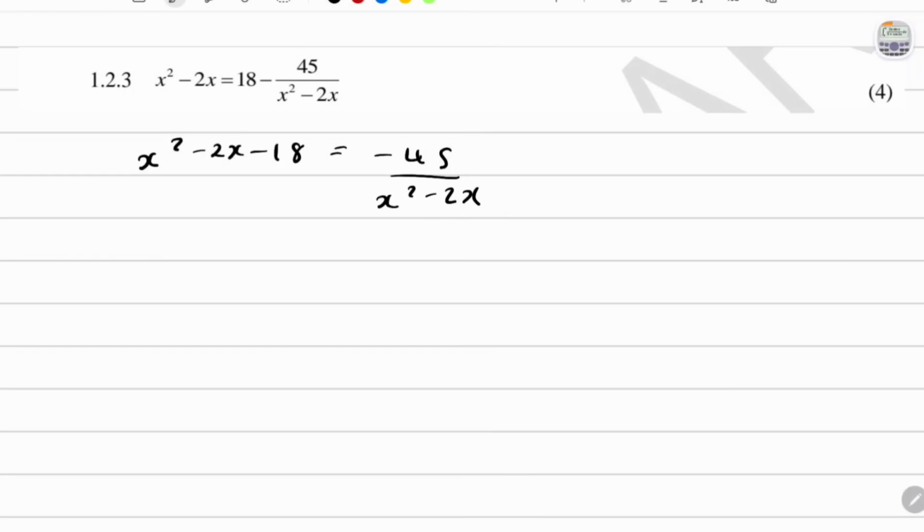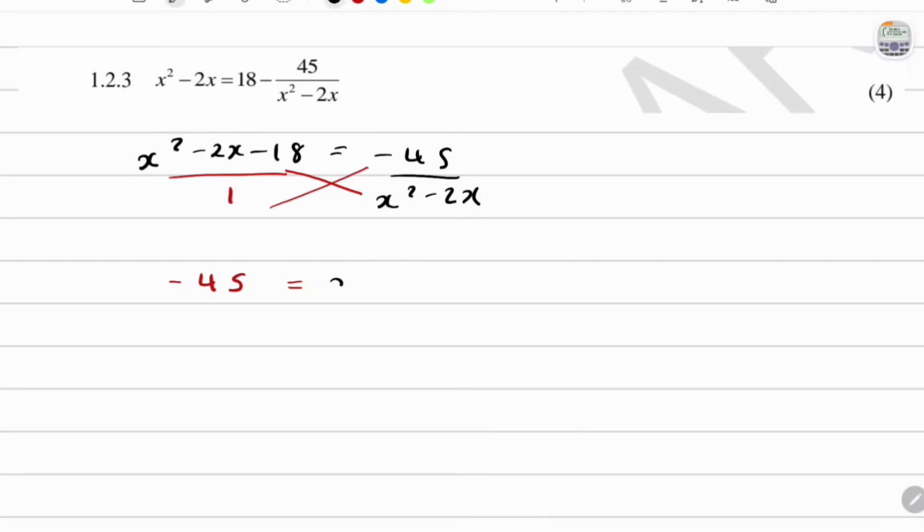Then you would have noticed there's a denominator with variables and said we need to get rid of it, by multiplying both sides by that denominator. You could also see it as cross multiplying. So I put this as a fraction over 1, and you'd say 1 times that is negative 45, but then this entire thing multiplied by this entire thing.